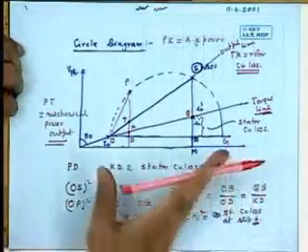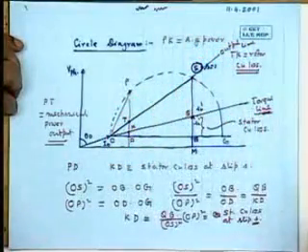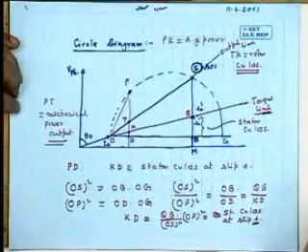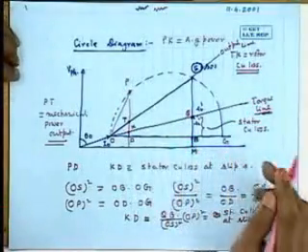So compared to the earlier case, the torque line shifts in the anticlockwise direction in this fashion. You can, as usual, find out different operating points.